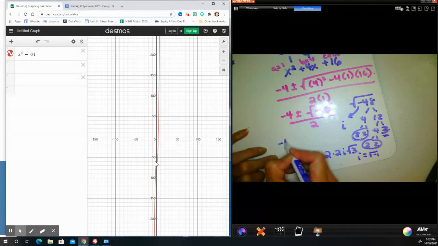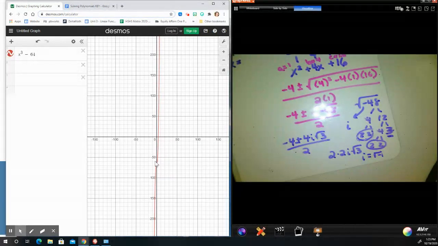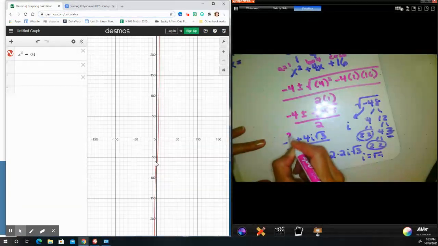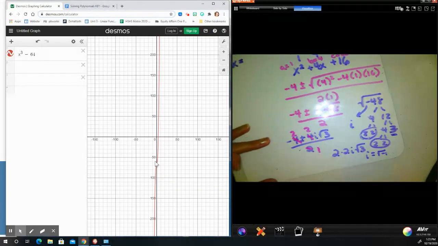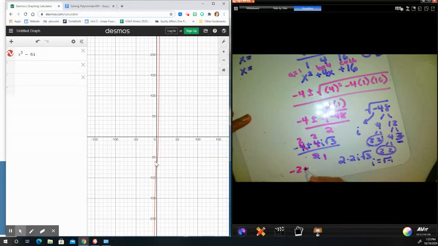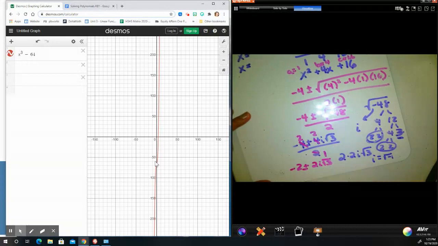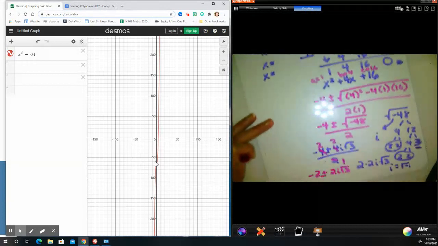So now I have negative 4 plus or minus 2 times i gives me 4i, square root 3 all over 2. Last step here is just to see if I can reduce anything. So they are all divisible by 2. So I divide everything by 2, which means I have negative 2 plus or minus 2i square root 3 over 1, which dividing by 1 isn't going to change it.